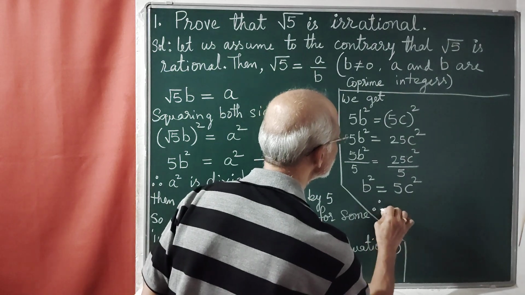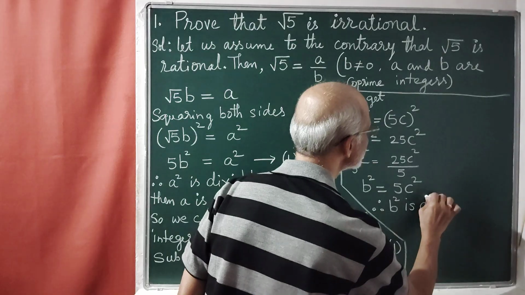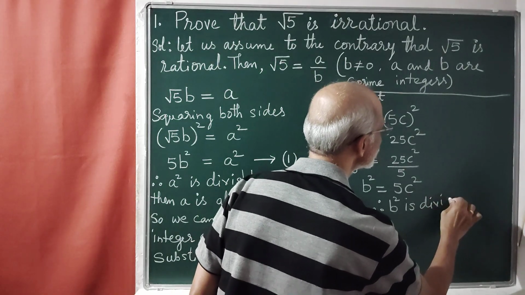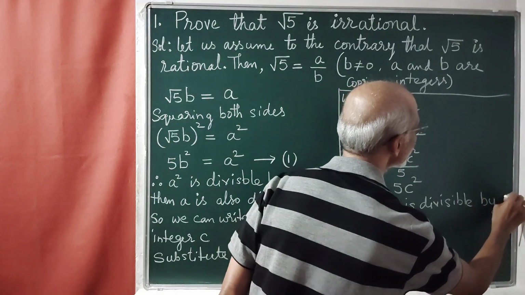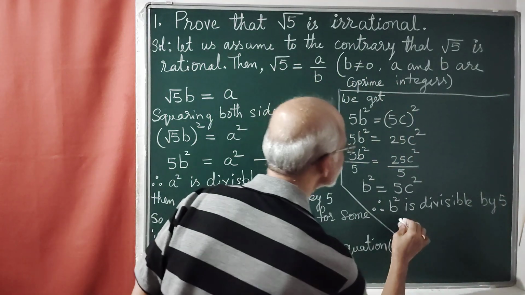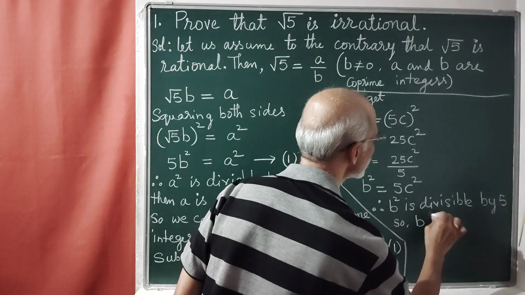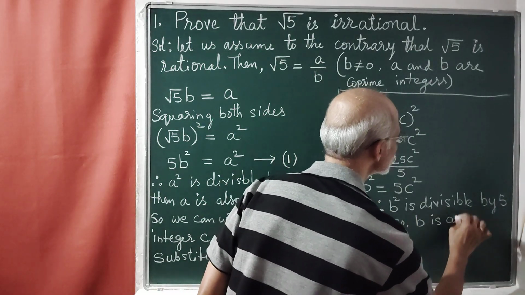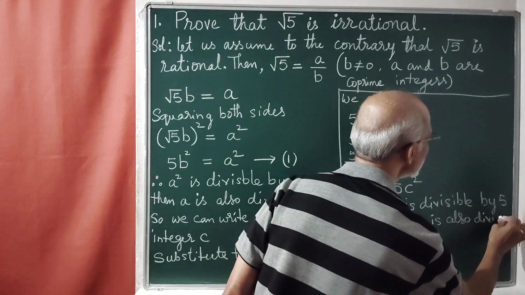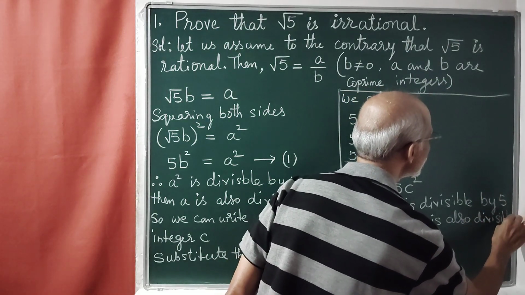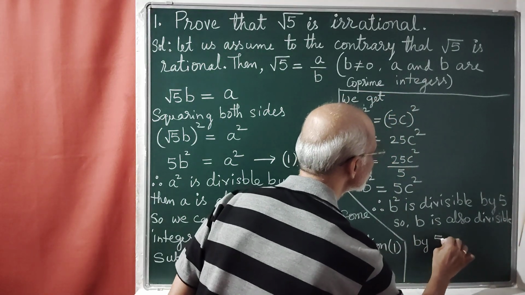Therefore, b square is divisible by 5. So, b is also divisible by 5.